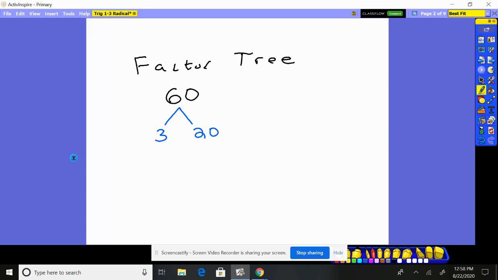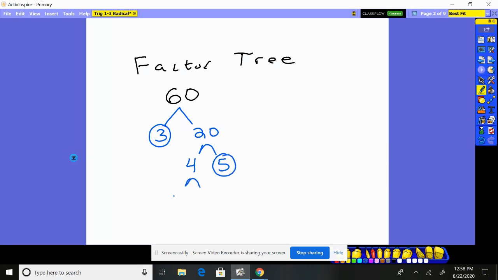That works. Now, can I break 3 down again? No, it's prime. So that's going to be one of the prime numbers that multiplies to give you 60. I can break 20 down, a 4 times a 5. I can break 4 down again, but can you break the 5 down? No. So I'm going to circle it to say, hey, you can't go any further.